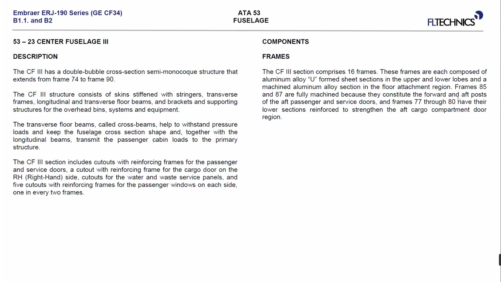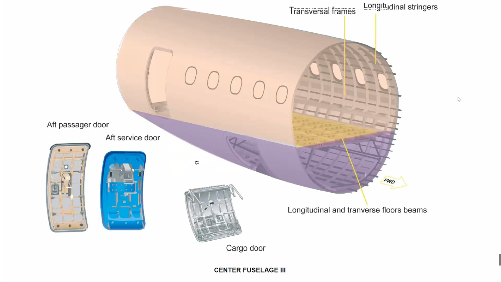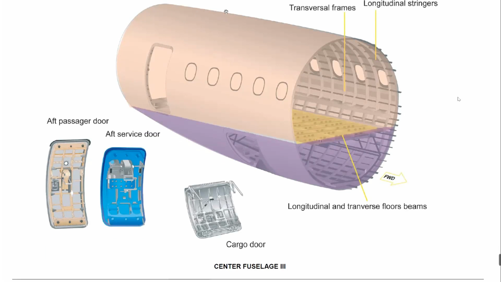Of course, we have secondary structure like brackets, supporting structure for the overhead bins, and some additional equipment. The frames here are U-shape, okay? And we have also these cutouts, which are for the aft passenger door, aft service door, and for the aft cargo door.